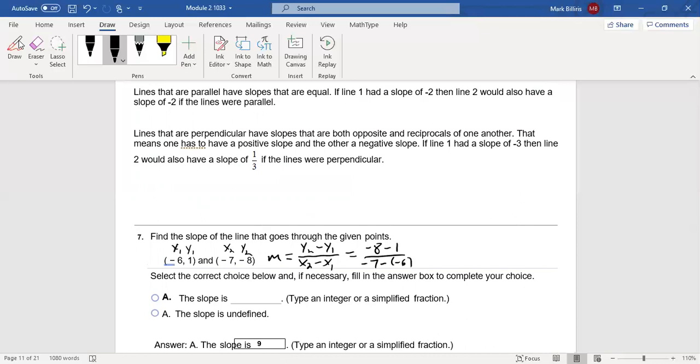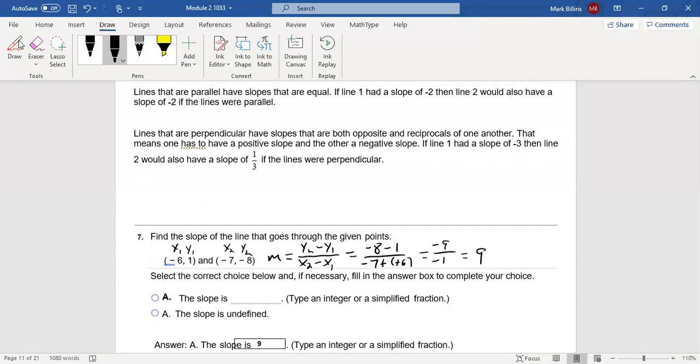So in the denominator, you have a double negative, which changes it to positive. Further simplifying, -8 minus 1 is -9, and -7 plus 6 is -1. A negative over a negative is a positive, so my slope would be +9.